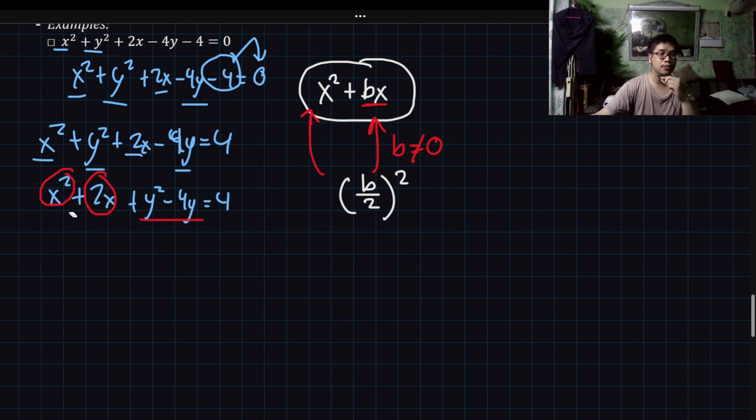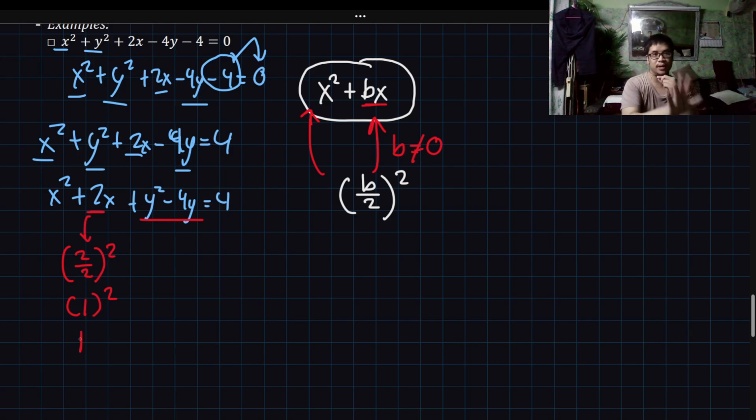So first, we get the coefficient of x, which is 2. We divide that 2 by 2, then square it. 2 divided by 2 is 1, and squared, you will have 1. This is the result. Now let's leave it that way.